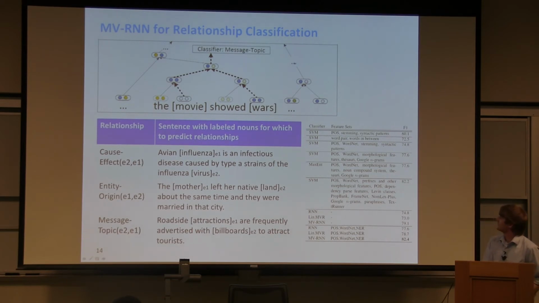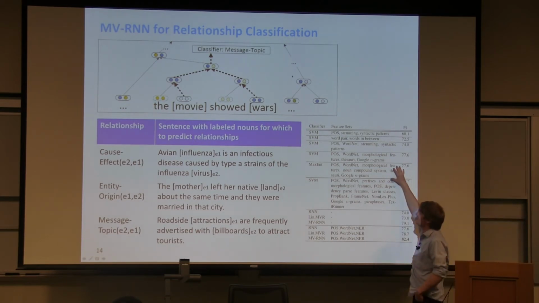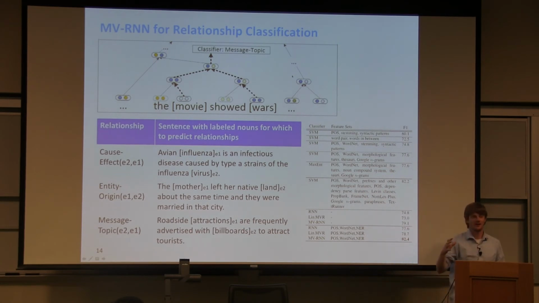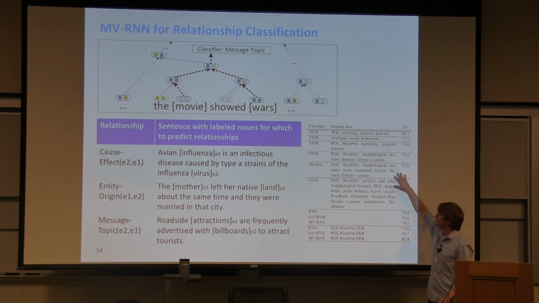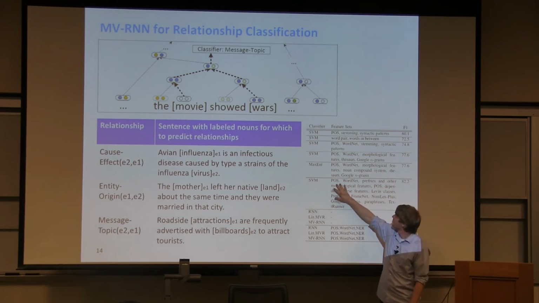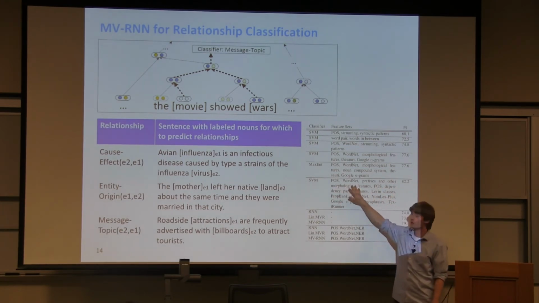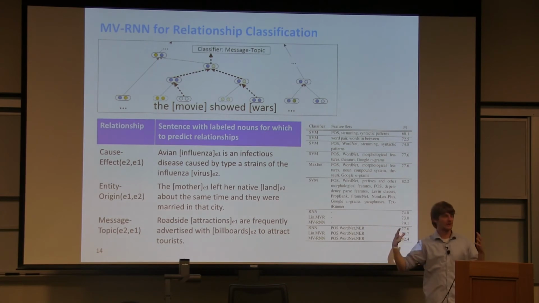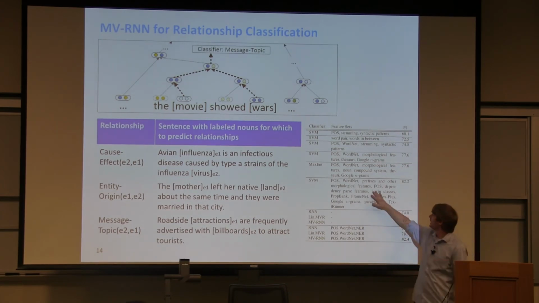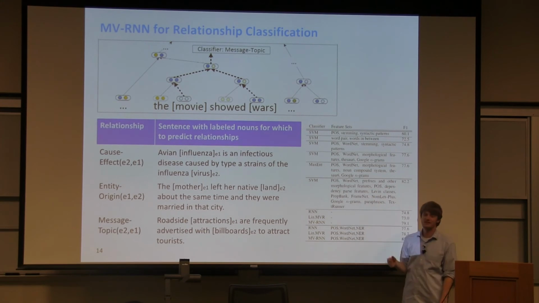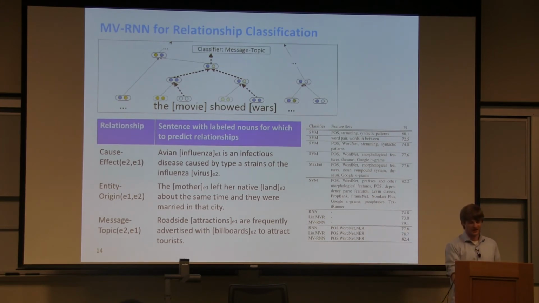And so when we look at the results, so this was a competition, and if you've ever run or partaken in a machine learning competition, you'll see that towards the end, people just try to add as many features as they can to squeeze out more performance, and that's kind of what we've seen here. So the top model used part-of-speech tags, WordNet features, so a large human-generated taxonomy, decades of work, prefixes and other morphological features, so when it starts with different kinds of prefixes, especially for the biomedical domain.